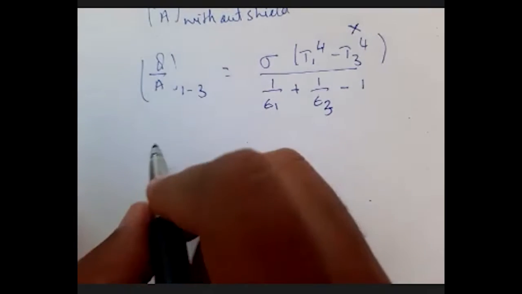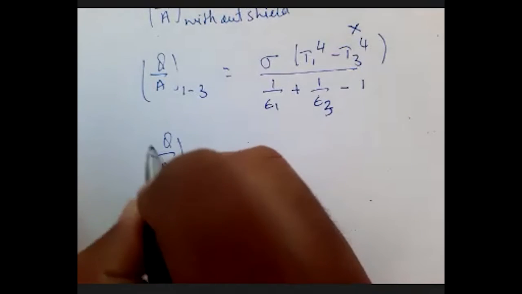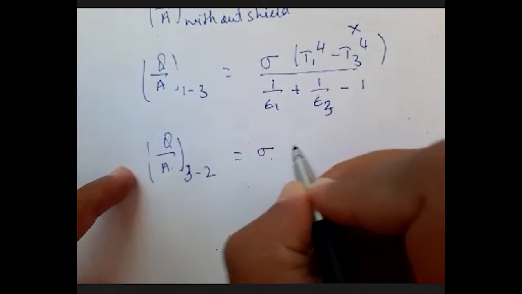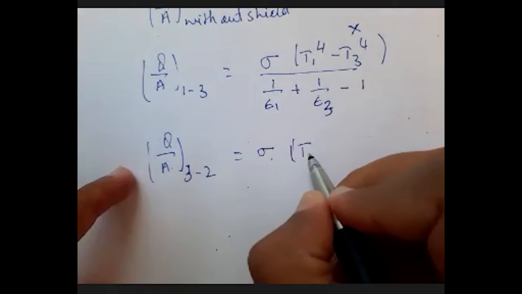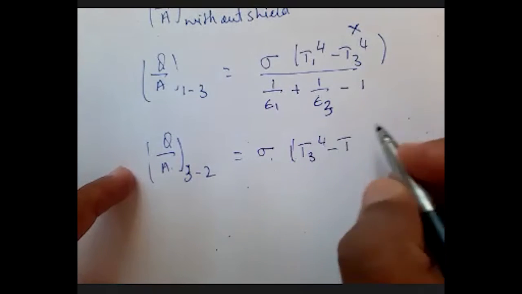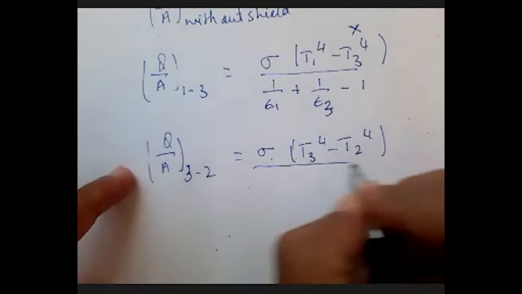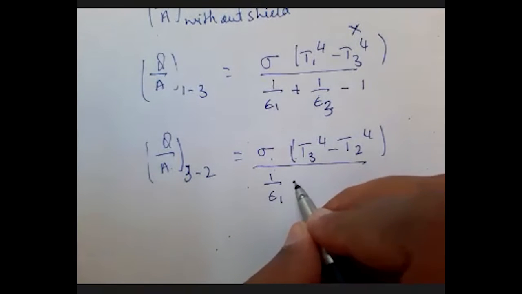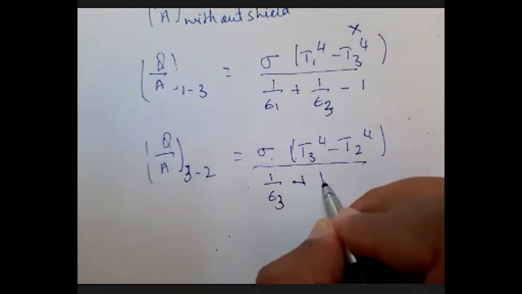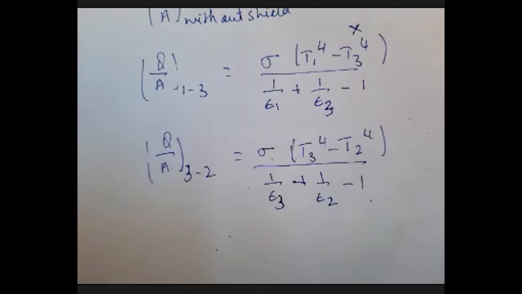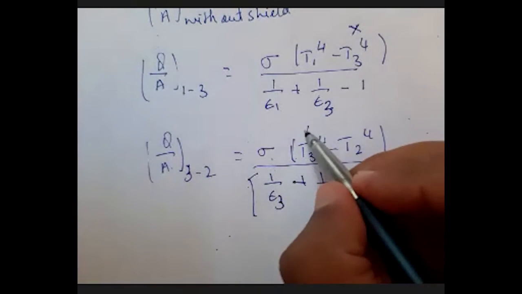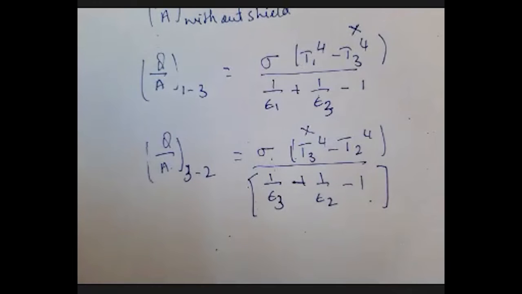I can use one more equation, Q by A 3 to 2, that is sigma into T3 raised to 4 minus T2 raised to 4, divided by 1 upon epsilon 3 plus 1 upon epsilon 2 minus 1. Again, from this equation, I don't know the temperature value of T3, so I cannot find it out.